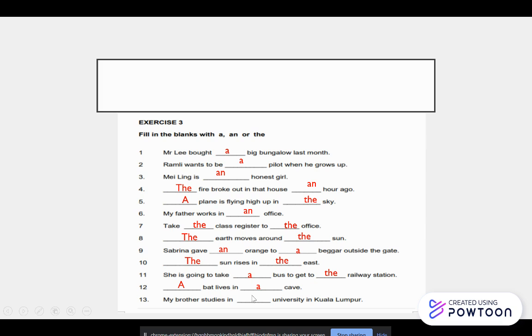So we have a. My brother studies in a university in Kuala Lumpur. Why we use a for university? Again, just now I mentioned to you the sound is a consonant sound. University sounds like a Y. So because it sounds like a Y, we use a singular countable noun. So because of that, we use the article a.